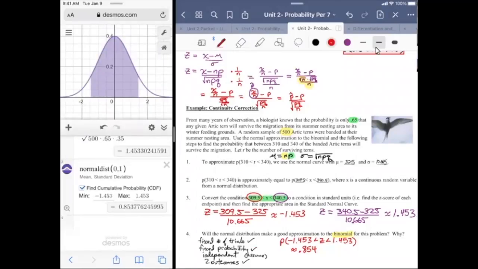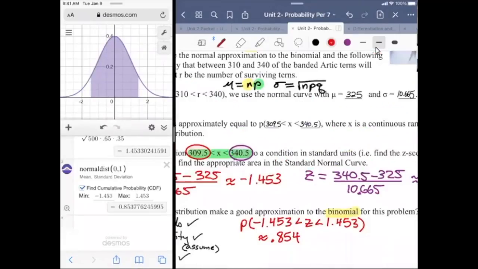I want to know the probability that within the interval, a little give or take, between 310 to 340 of them, so that's 62% to 68% of the 500, that quantity is going to return. And it seems we're at a pretty high probability, around 85%. So that's the normal distribution approach.